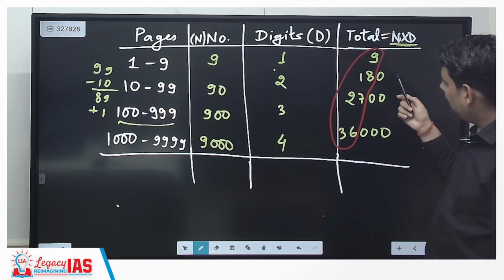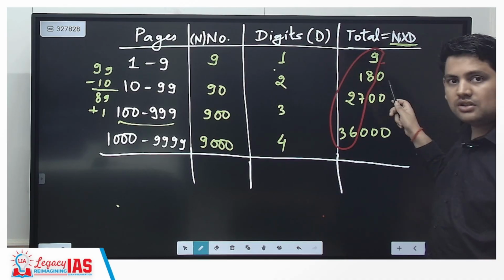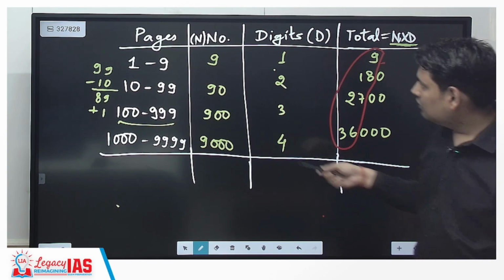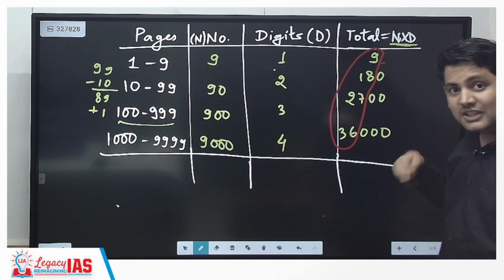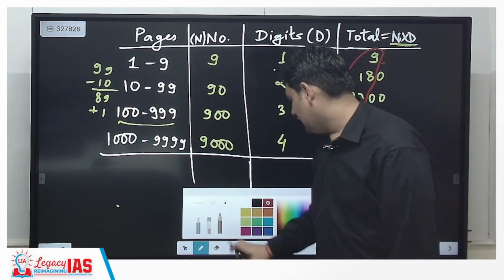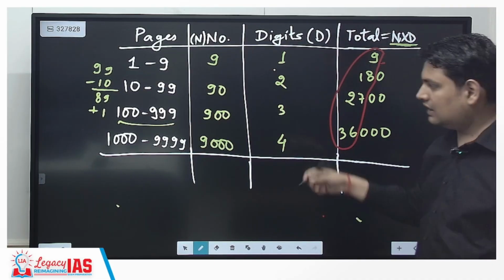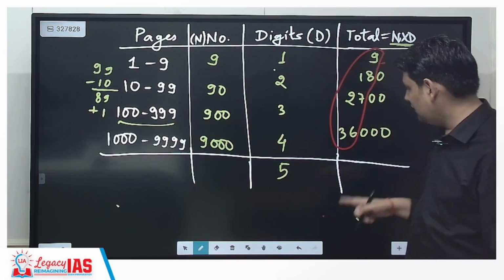Yeah. And you see zeros. Initially there was no zero, then there was 1 zero, then there were 2 zeros, then 3 zeros. So if we are writing a 4 digit number, there will be 3 zeros. Next you can guess. If there are 4 digits, next would be each requiring 5 digits, and what you will get?